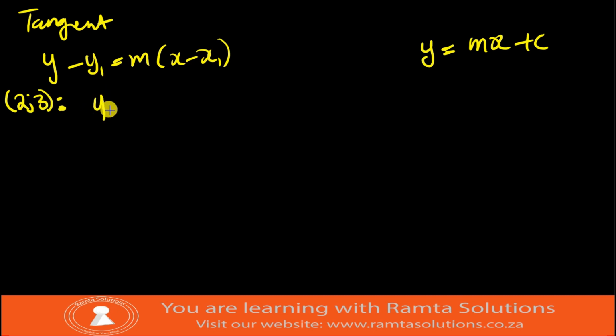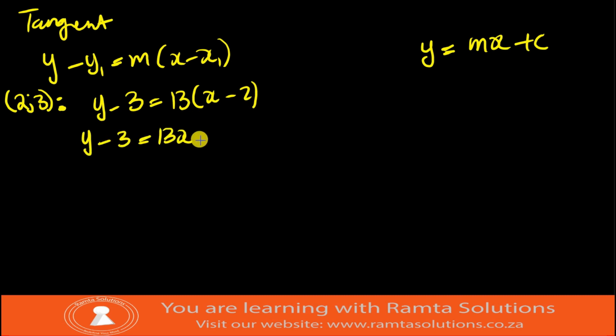So this is y minus 3 is equal to, what is our gradient? It was 13. 13 into x minus 2. This is y minus 3 equals 13x minus 26. Therefore, y equals 13x minus 23.